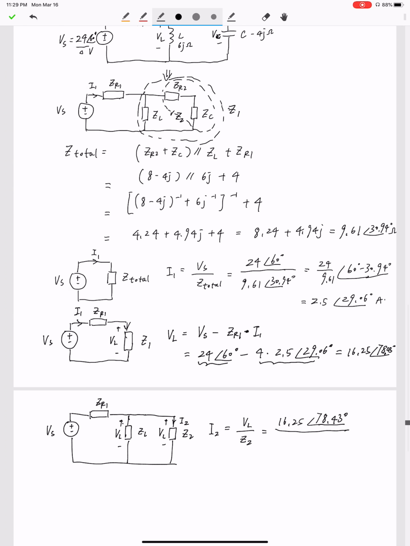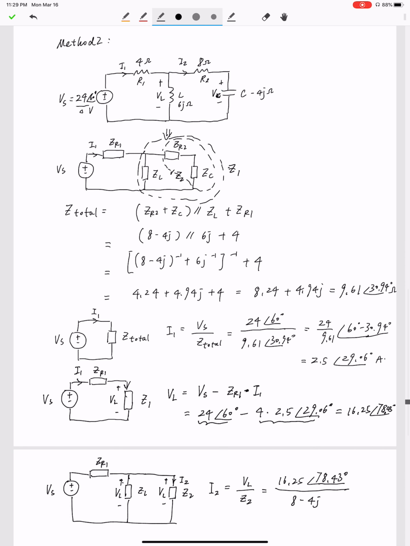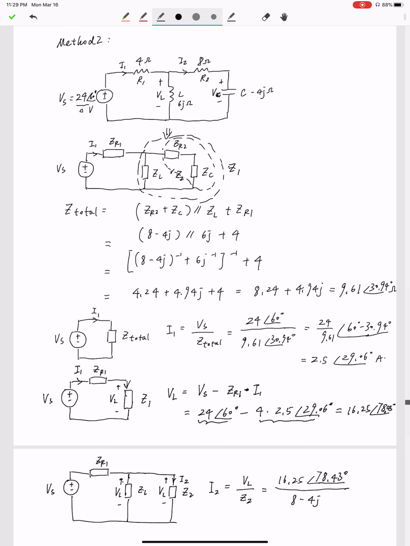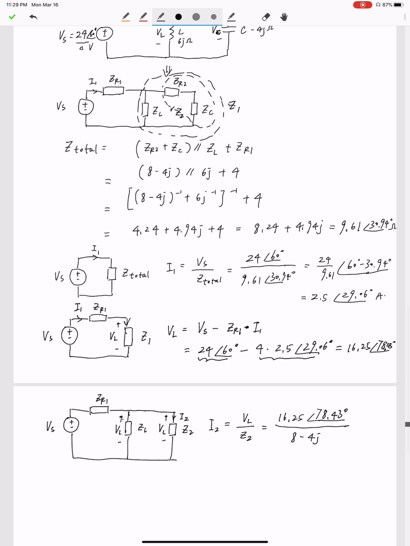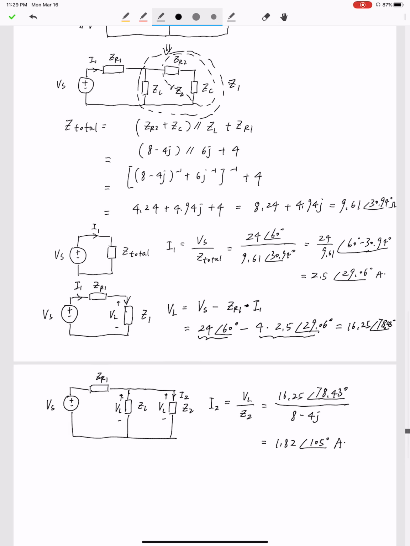Z2, as we calculated before, is the summation of ZR2 and ZC, which is 8 minus 4j ohms. And of course, you need to convert this 8 minus 4j ohms into polar form, and then do the division. The result can be 1.82, and the phase angle is 105 degrees. Unit is amps.